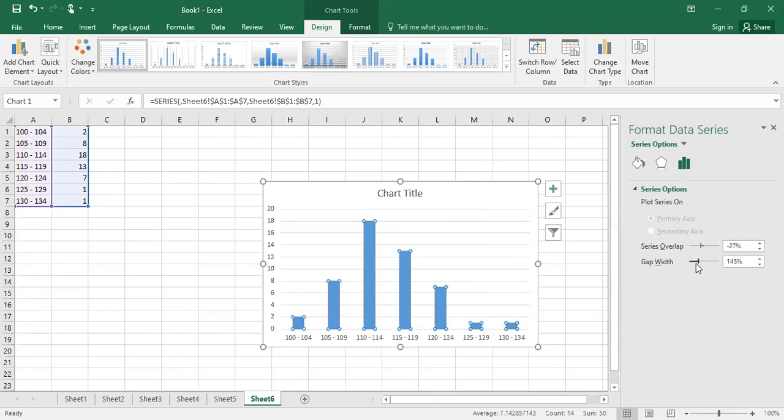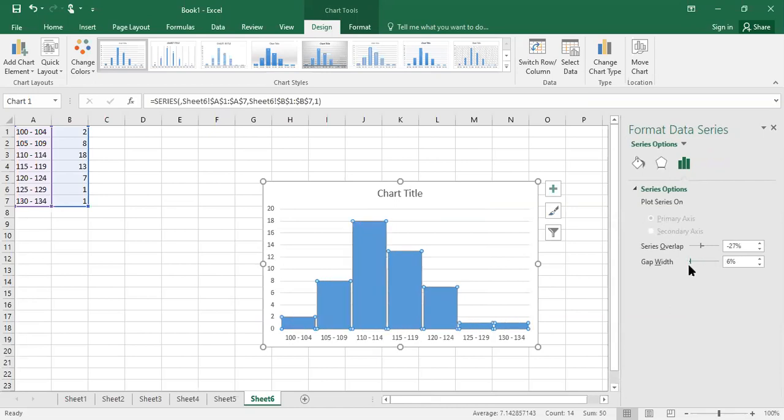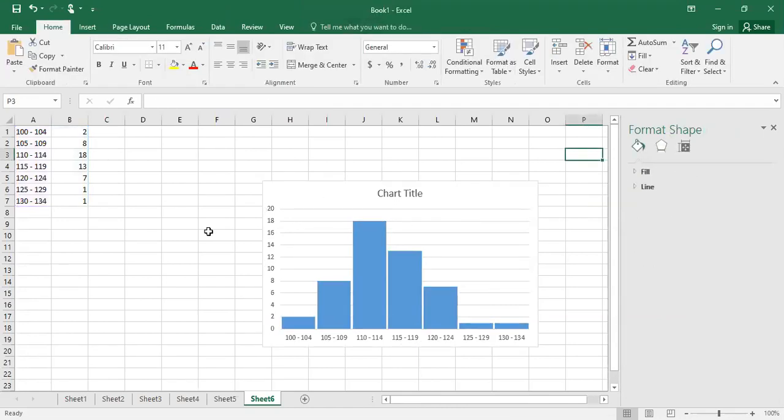So the width is here. I can reduce the gap. So this is a histogram.